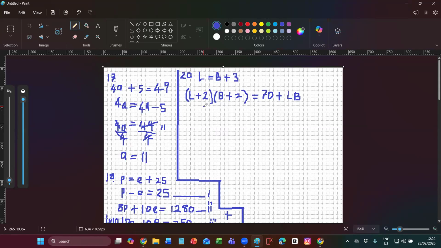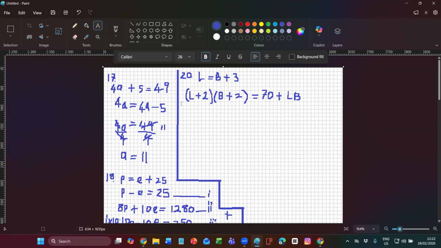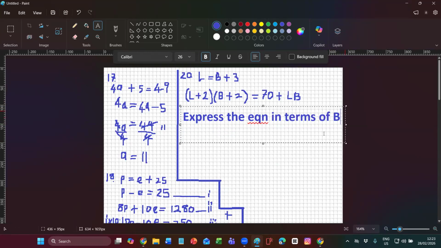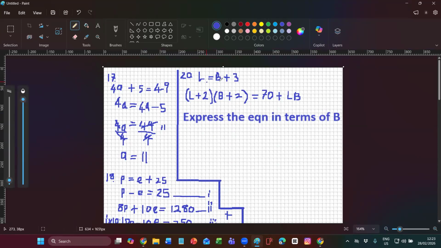Now, how will I simplify it? Let me write my strategy for solving this: express the equation in terms of B. So I'm going to express everything in terms of B. That means anywhere I see L, I'm going to put B plus 3.